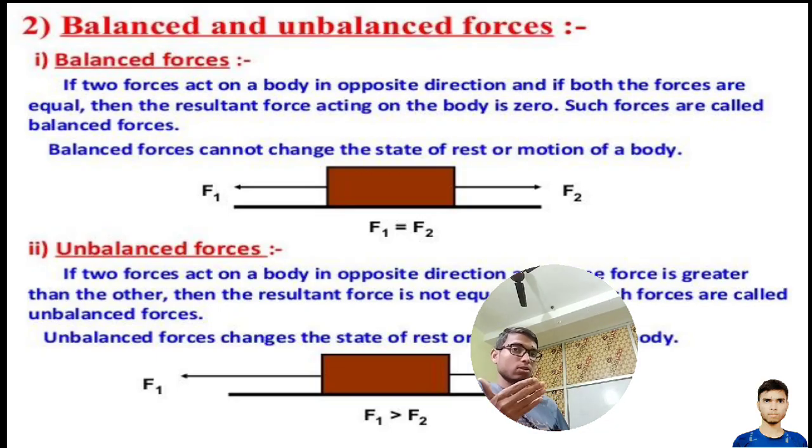If an object is moving at a constant speed, and forces are being applied with the same amounts on both sides, then that object will keep moving with a constant speed.